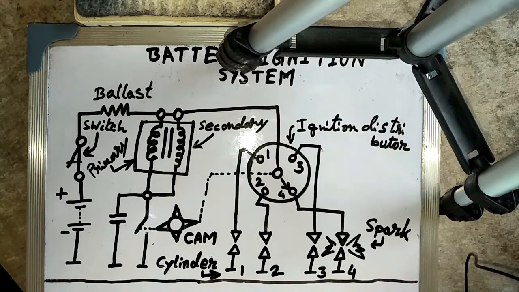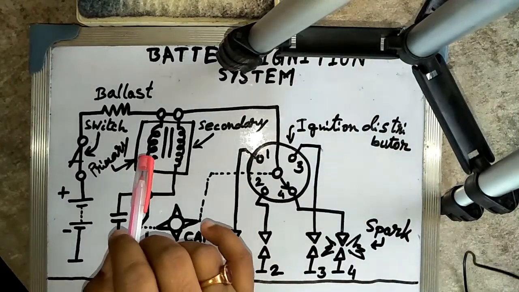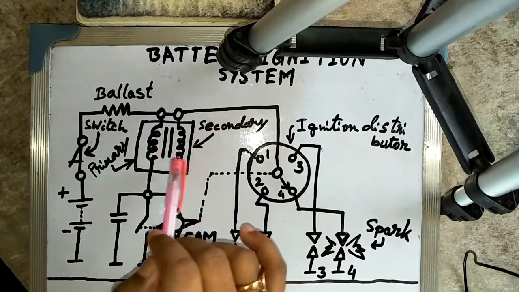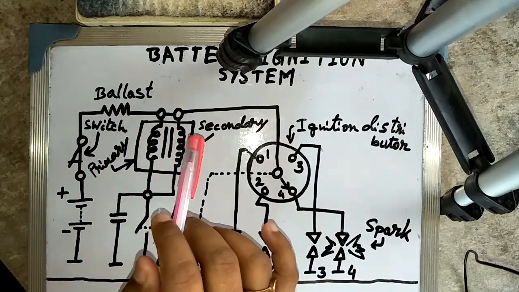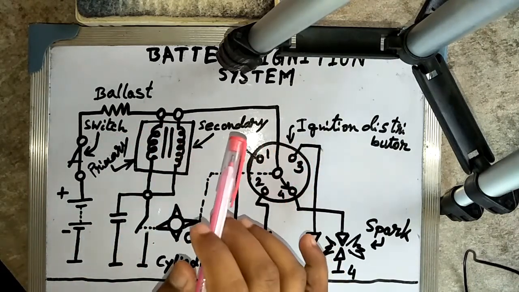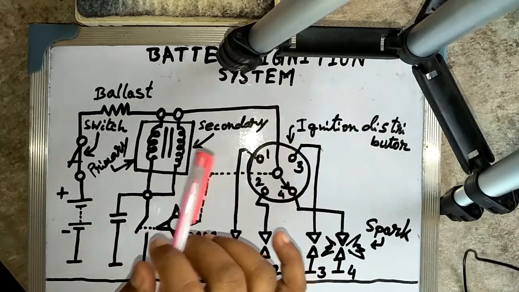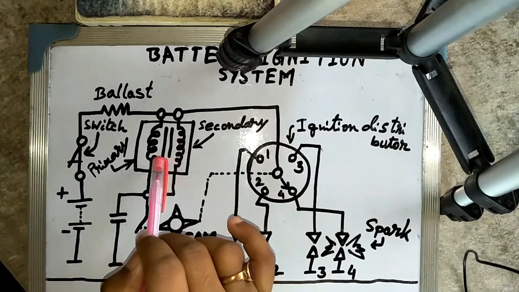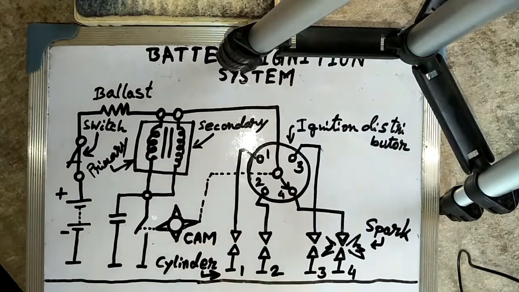The primary winding, suppose this is L1, has a few turns of heavy copper wire, and the secondary winding, this one, is L2, with many turns of fine copper wire. The primary and secondary windings are wound around a laminated iron core, which has the effect of increasing the strength of the magnetic field and thus the amount of energy stored.